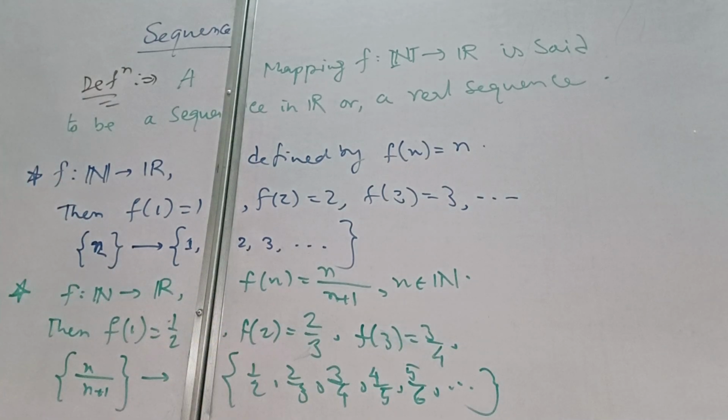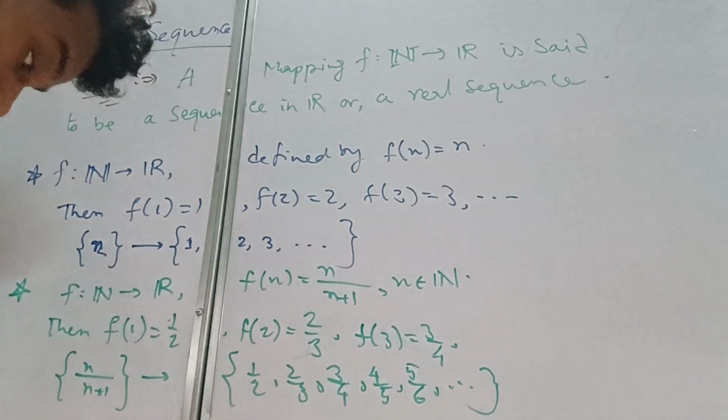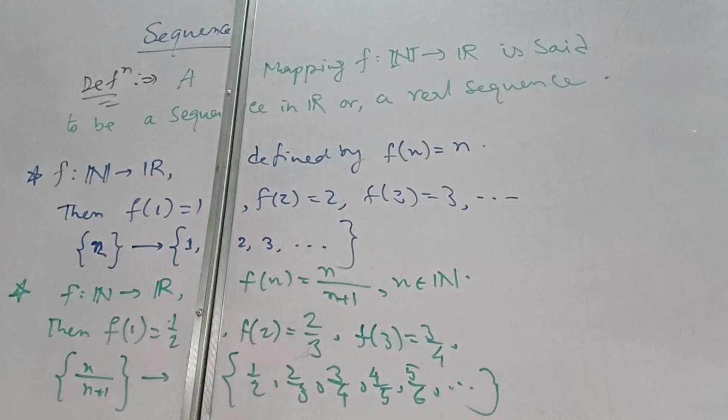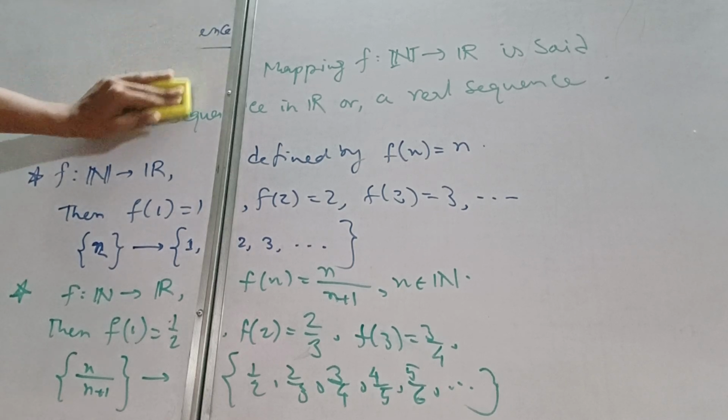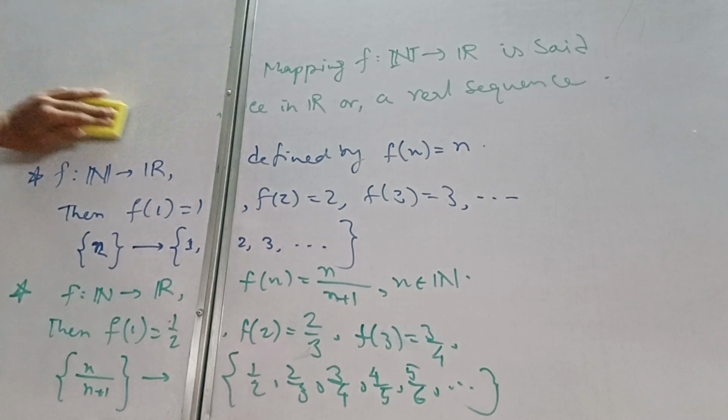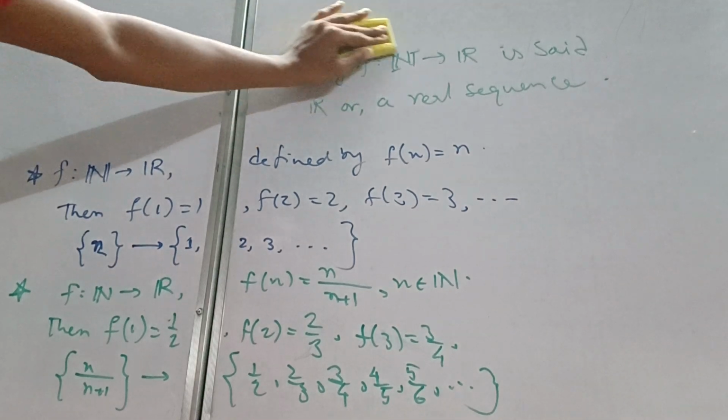That means this converges to 1. And the first sequence converges to plus infinity, that means this one is a divergent sequence. After some time we will discuss whether this one is a convergent sequence or not. Now we erase that portion and go to another example of a sequence.